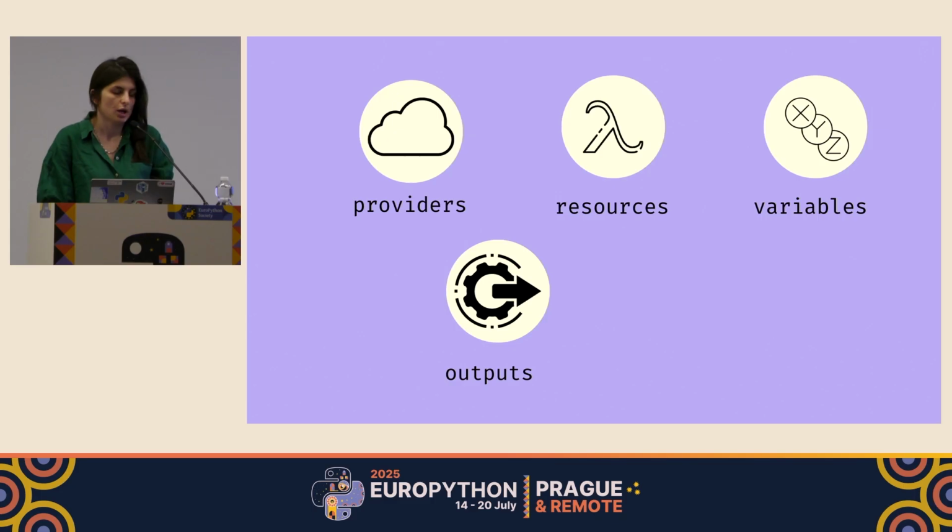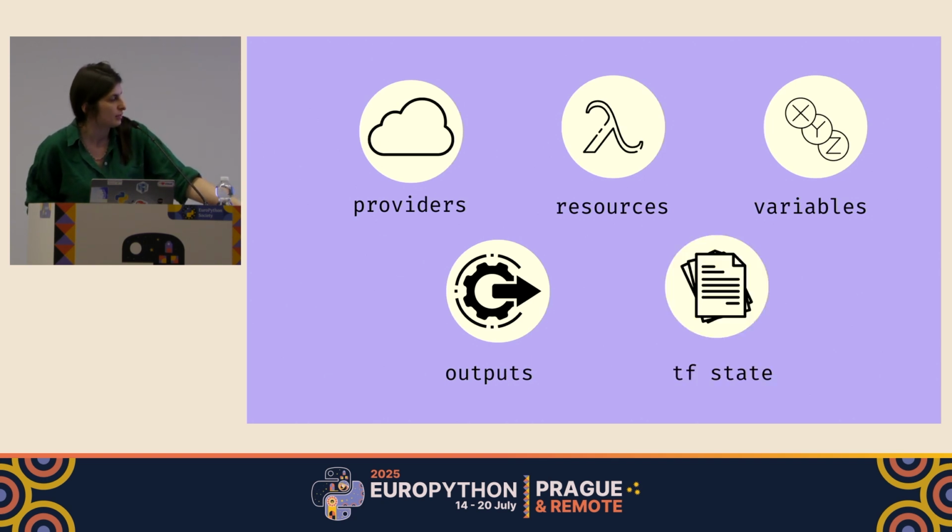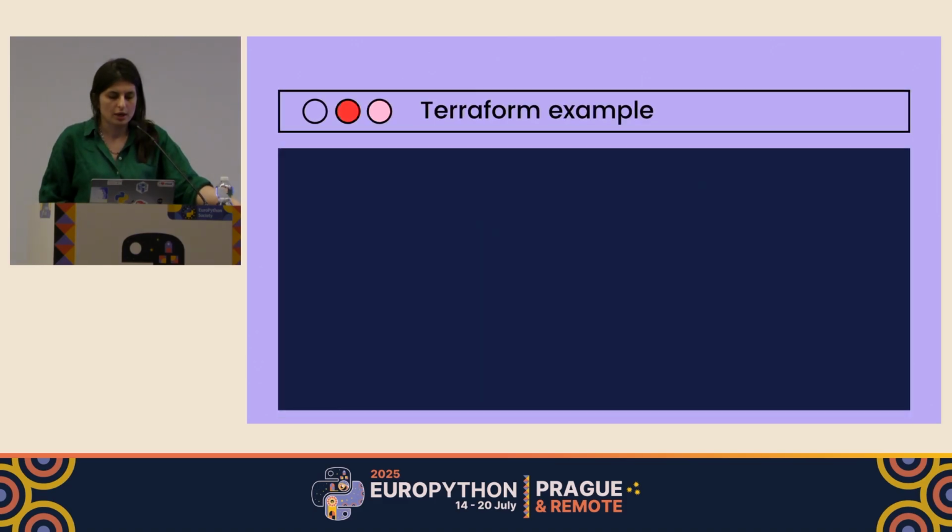For example, in AWS, some resource names, such as a Lambda's ID or ARN, we only know after creation. Usually in outputs, we can check what was created and also have some custom variables. And finally, the TF state is basically where we keep our state, so Terraform knows what was created, what was deployed, and what we need to destroy. So basically, it keeps track of it.